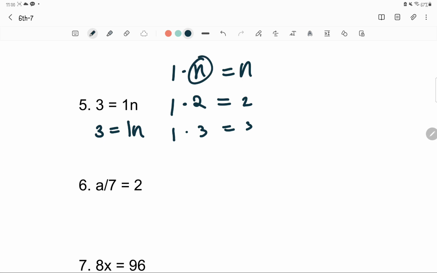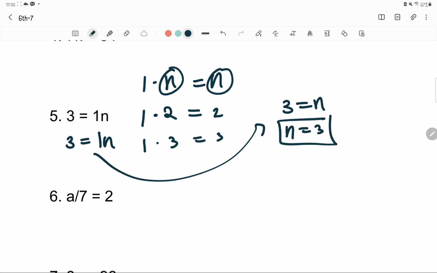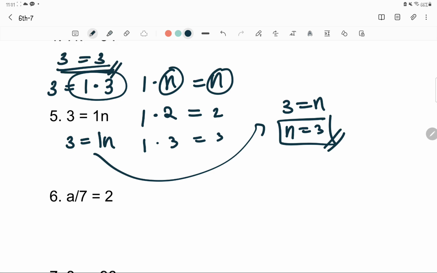So whatever n is, it's going to be just n. So 3 equals n, which means that n equals 3. And we can check: 1 times 3 is just 3. We got the right answer.